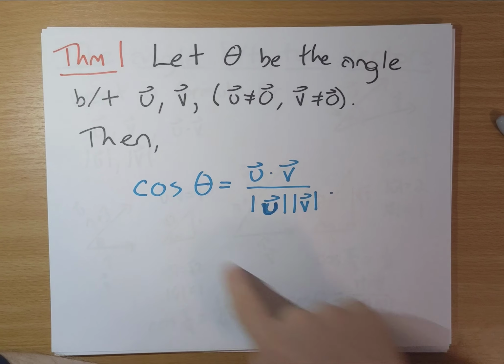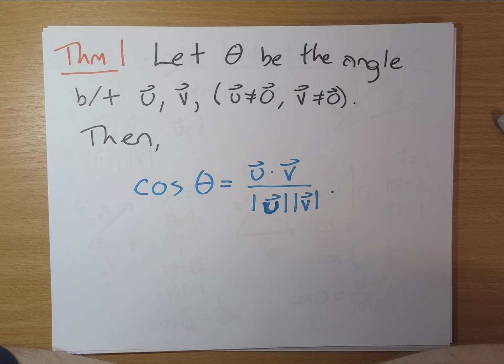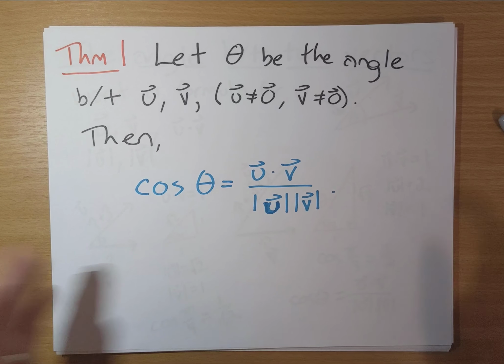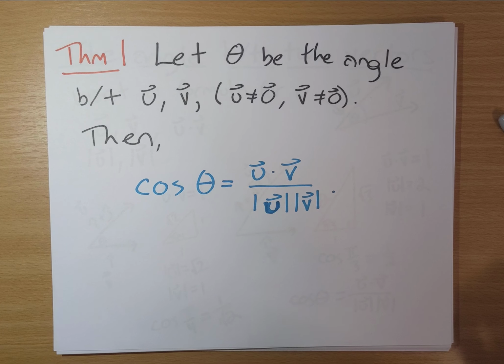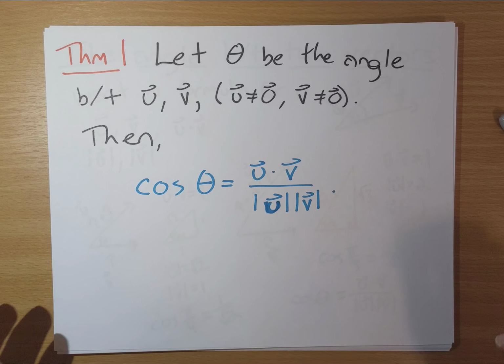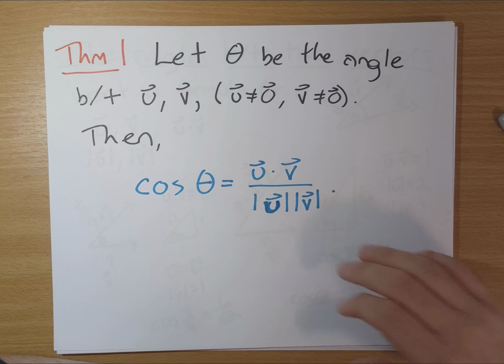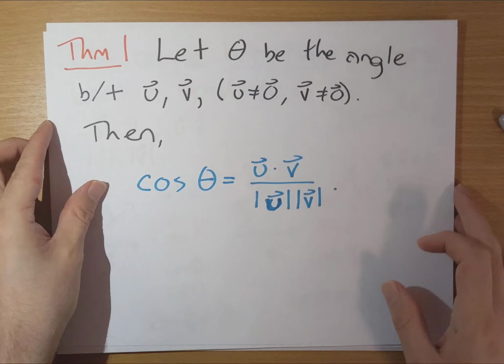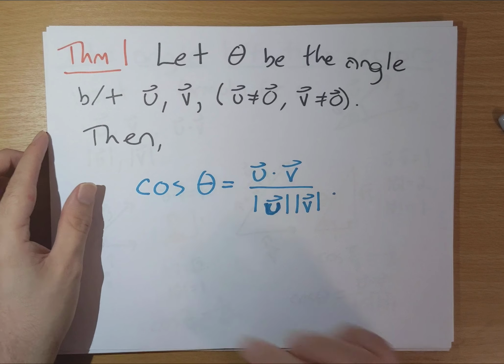Then cosine theta is equal to this expression, u dot v over magnitude u times magnitude v. I showed some motivation for this definition on the previous slide. In a later video in this video set, we'll give a formal proof of this.